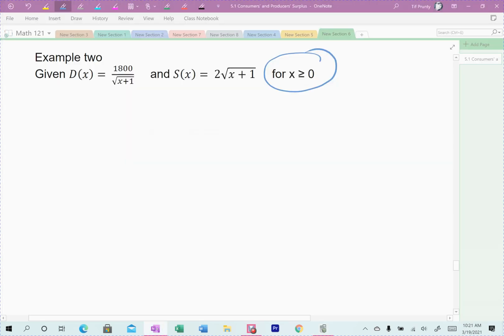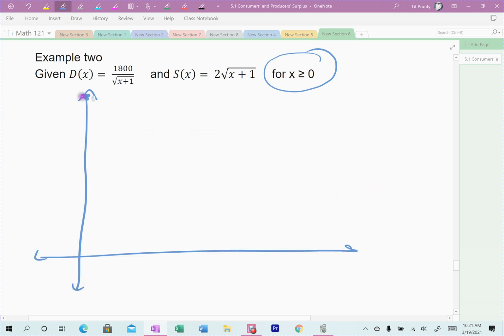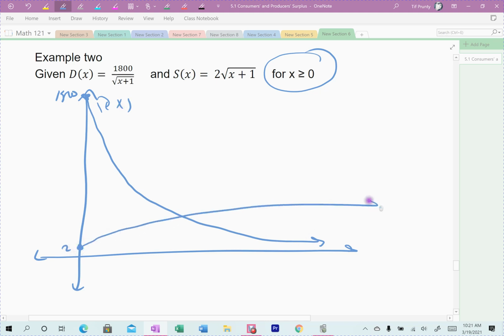Alright, so now to graph this fun picture. It is way up here, 1800, and it comes down fairly fast. So there's my demand. And then my supply function is way down here at 2. It doesn't come up super fast, but I'm going to make it an exaggeration of what it was.